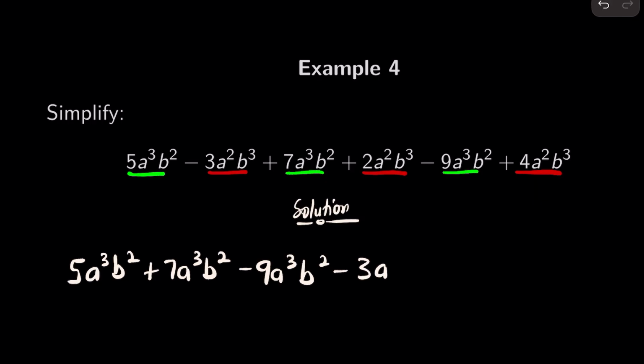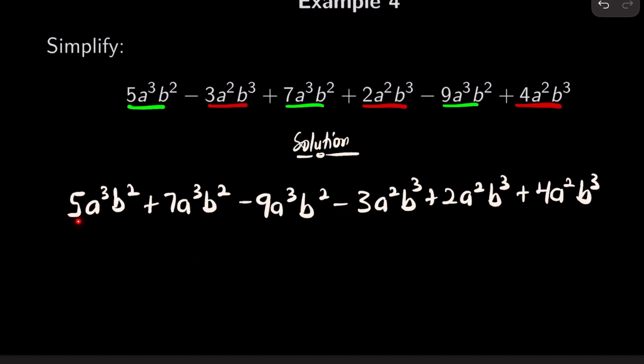Then minus 3a squared b cubed plus 2a squared b cubed, then plus 4a squared b cubed. So here we have 5 plus 7, that's going to give us 12. Then minus 9, so we have 12 minus 9. So that's going to give us 3. So we have 3a cubed b squared.